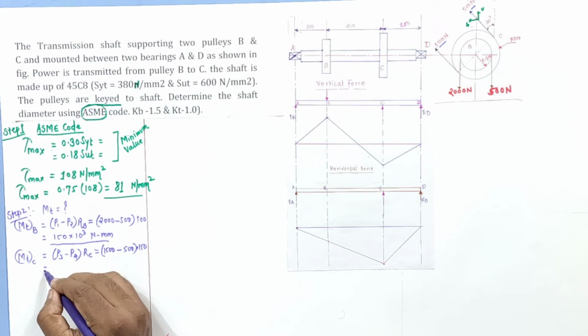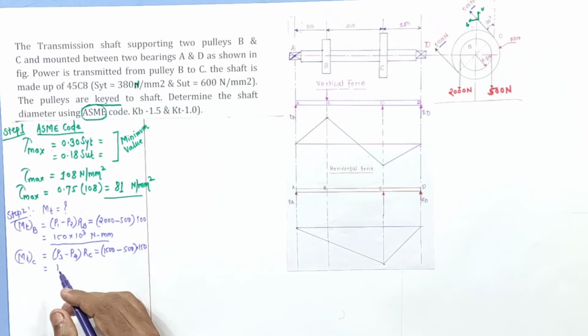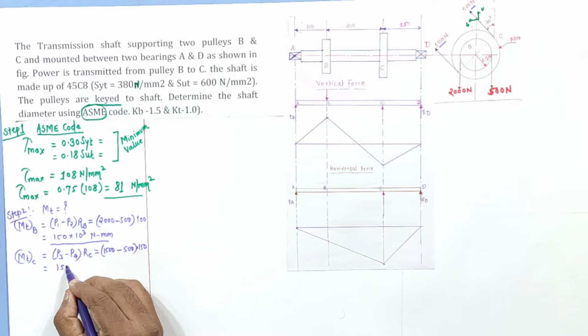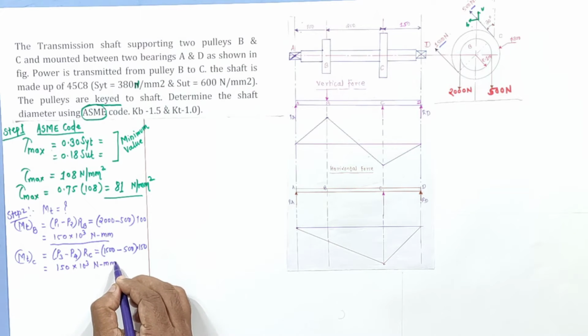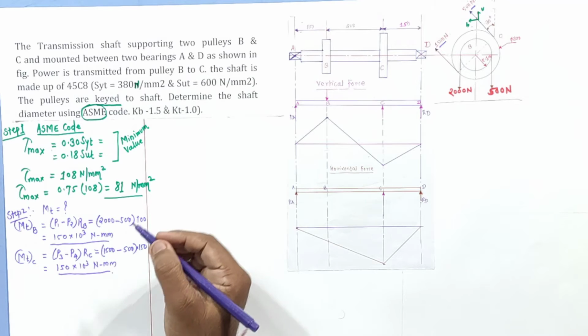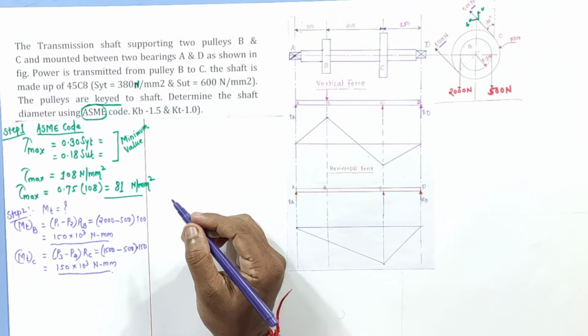After multiplying this, I'll get the answer. You can check from your side, that is 150 into 10 raised to 3. The same answer we have got, that is the same kind of torque will be generated throughout the shaft, correct?